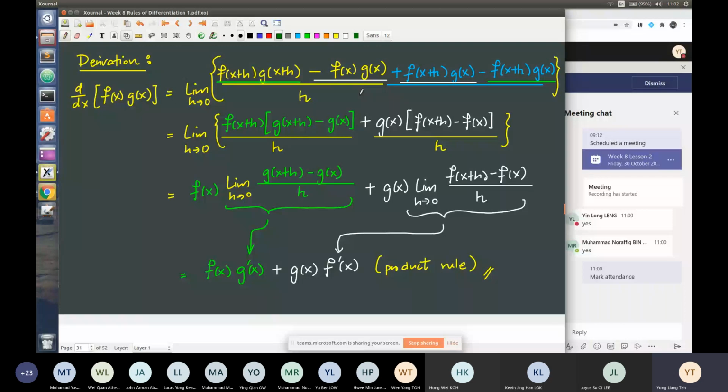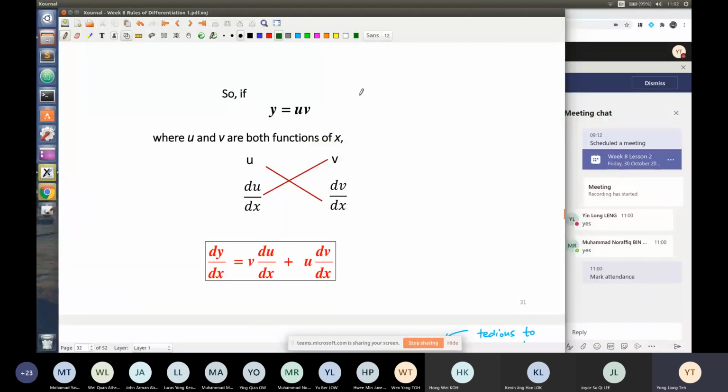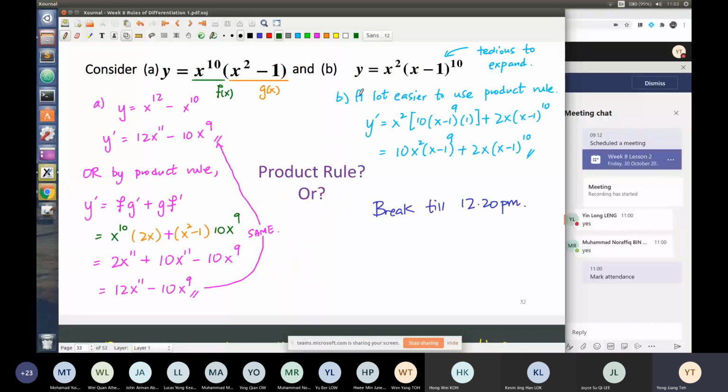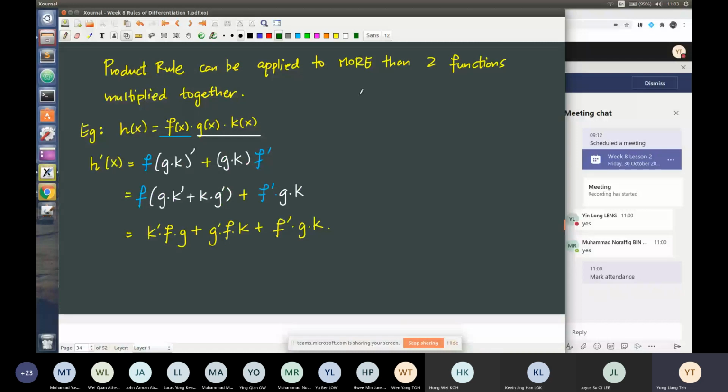We can also extend the product rule to 3 or more functions multiplied together, and we derive it here. If you have f times g times k, for example, and that represents your function h, so 3 functions f, g, k multiplied together, you can just apply the product rule for any 2 functions in a sequential order.